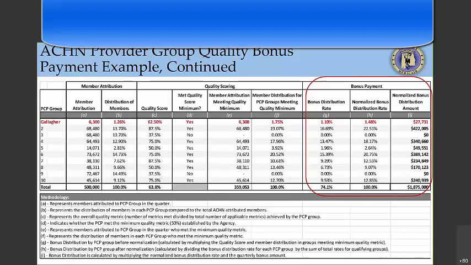In this case, if you look at step G, you'll see that number adds up to the 74% that you saw in the previous slide. By normalizing these, this gets each qualifying practice to the 100%. We then apply that percentage to the quarterly bonus payment to get to the normalized distribution amount per practice.